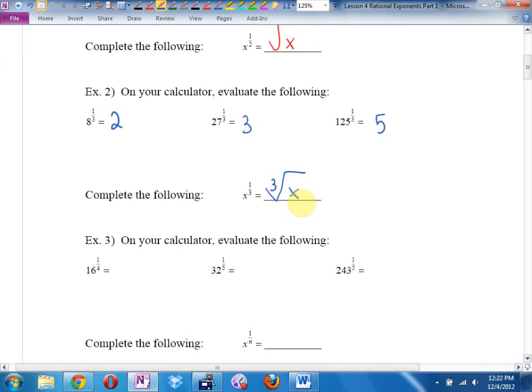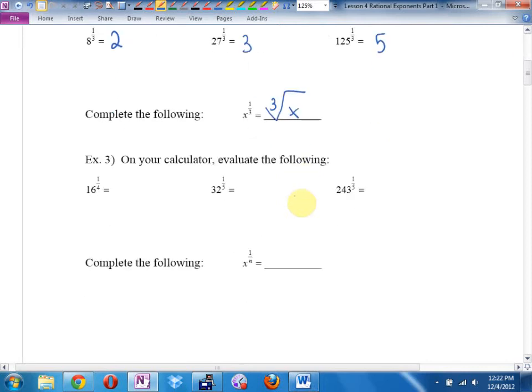All right, smarty pants. What do you think 16 to the 1/4 is? If fractional exponents are roots, what do you think a 4 on the bottom gives you? What kind of a root? So let's write this down. This is going to be the 4th root of 16.